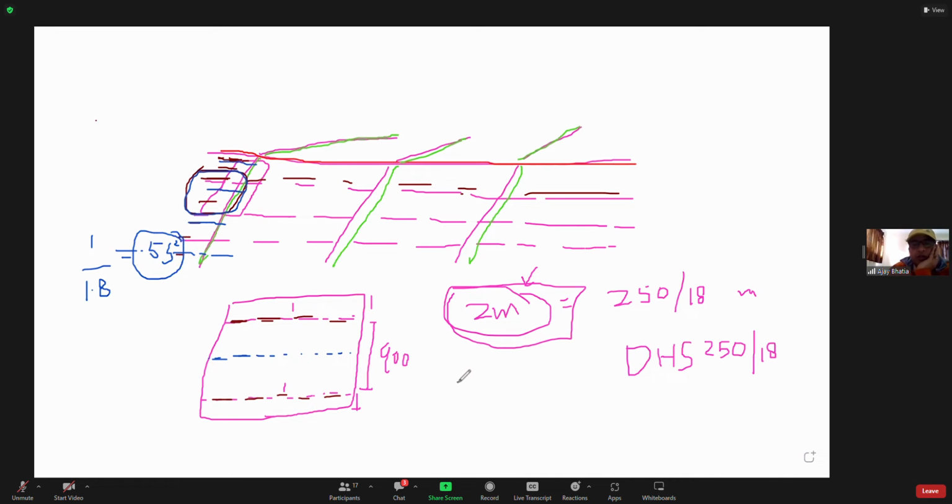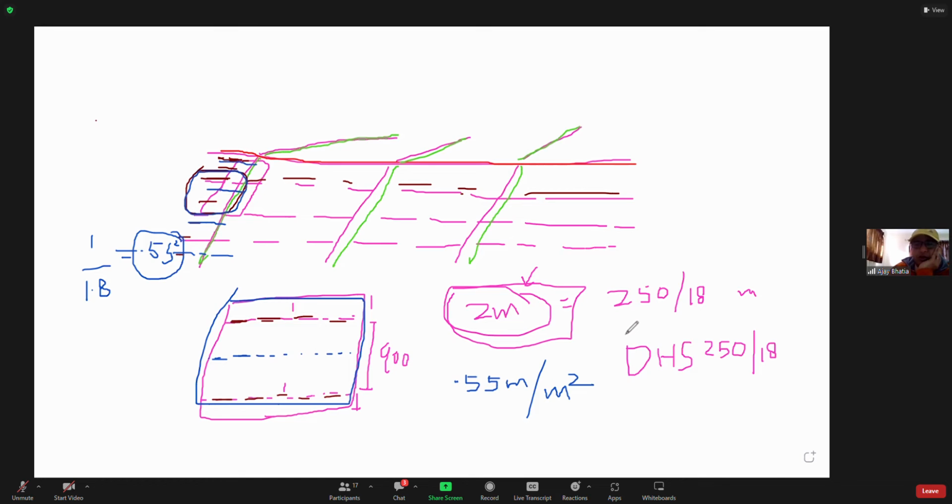So that is how much purlin you'll get in 1 square meter when you have steel purlins on your roof. So 0.55 meter of purlin is happening in 1 square meter of roof. And that is what you calculate.